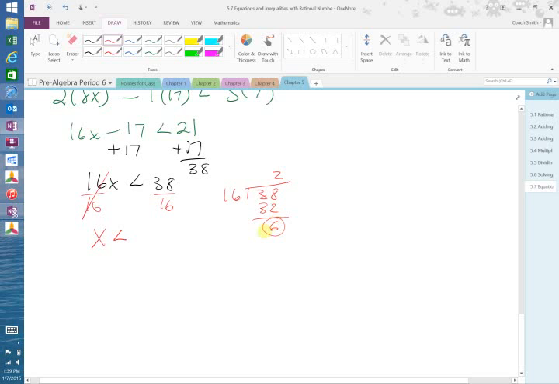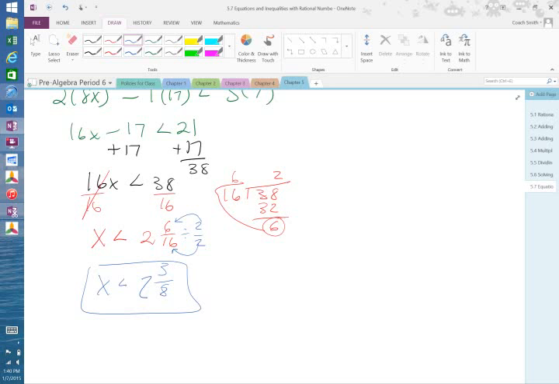Remainder 6. Put the 6 over the 16. So 2 and 6 over 16, but I can reduce that by 2. 2 goes into that 3 times, 2 goes into 16 8 times. So x is less than 2 and 3/8. Okay, any questions over that?